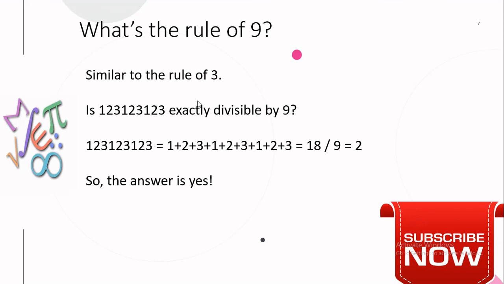Remember one thing: 18 is divisible by 3 also. Any number which is divisible by 9 is also divisible by 3. But a number which is exactly divisible by 3 doesn't necessarily mean it is divisible by 9. The number which is divisible by 9 is always divisible by 3.